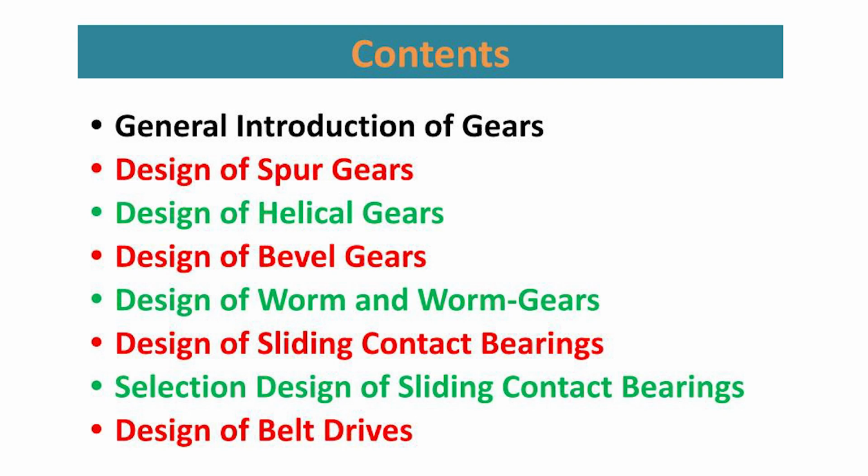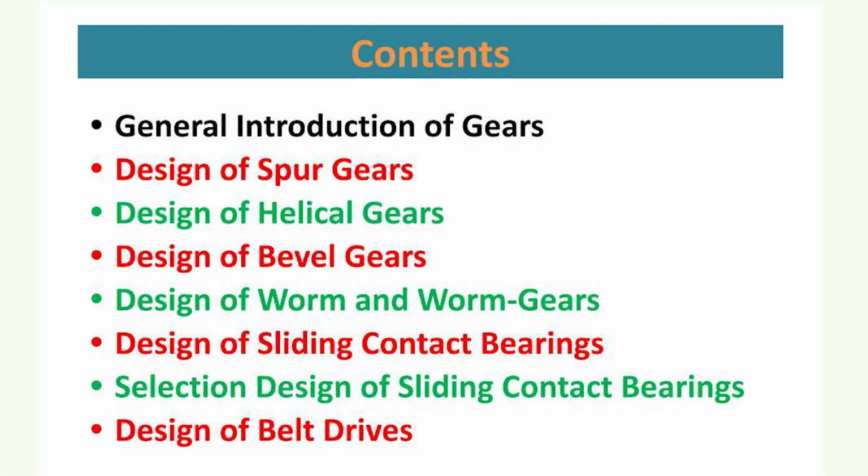In bearings, we will study the design of sliding contact bearings and then the selection and design of rolling element bearings. And at the last, we will study the design of belt drives, basically the selection and design of belt drives.